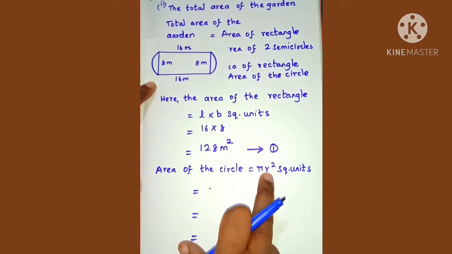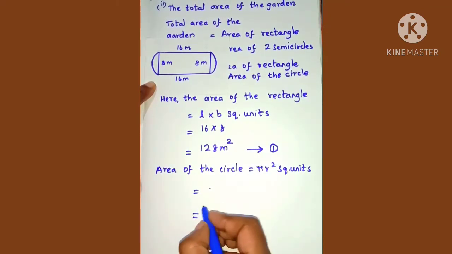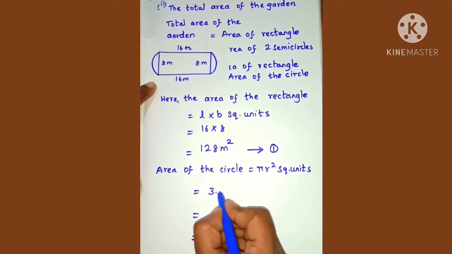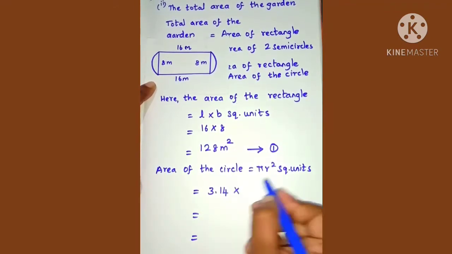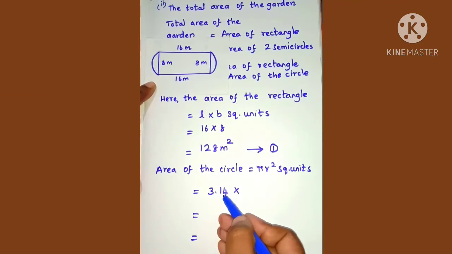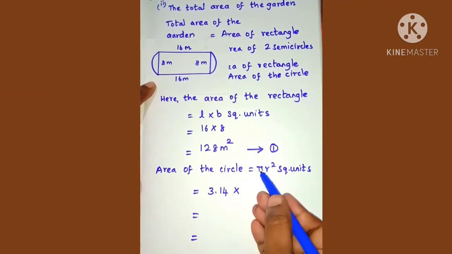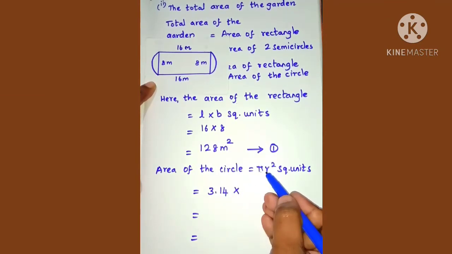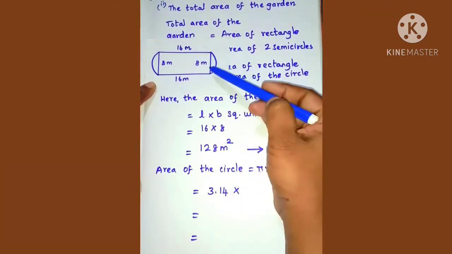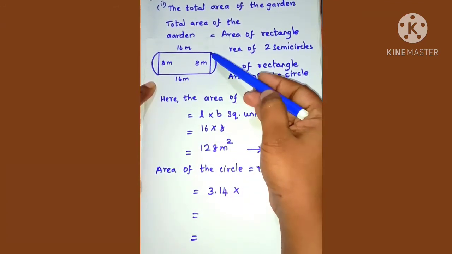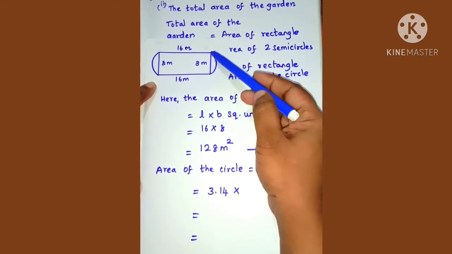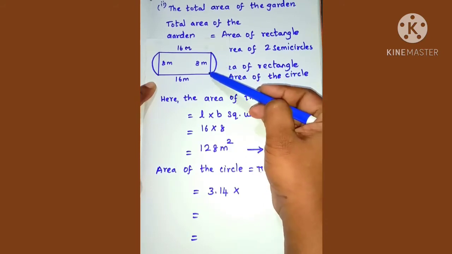Here, the value of pi is 3.14, let us take 3.14 for the value of pi, and r, what is the value of r? Here r is 4 because the diameter of the semicircle is given.